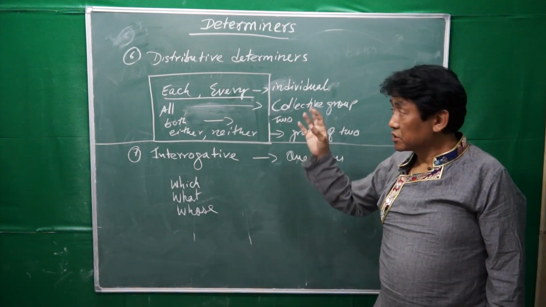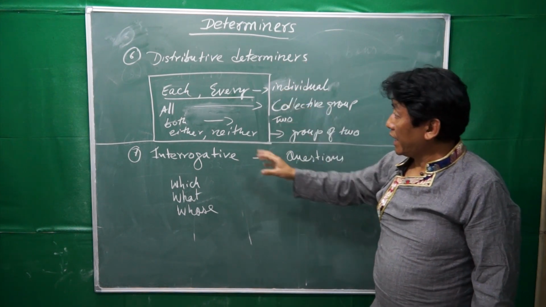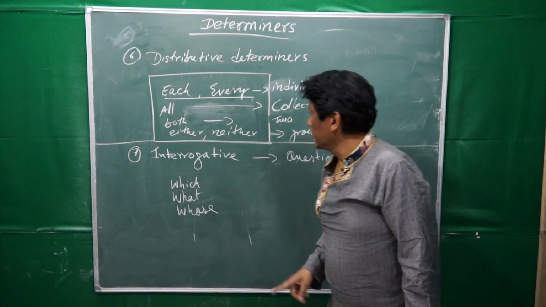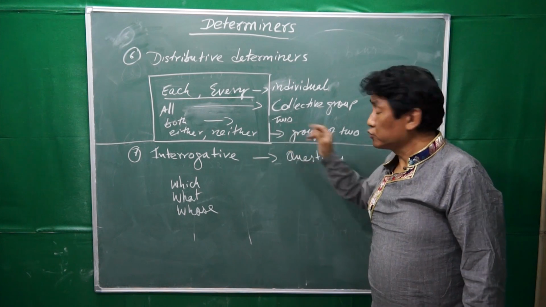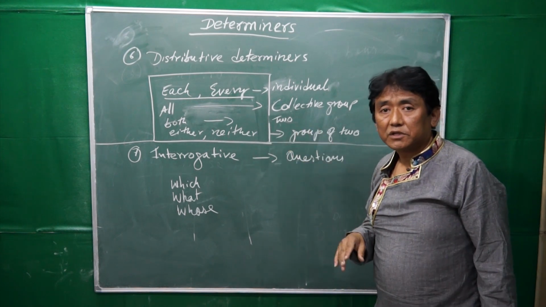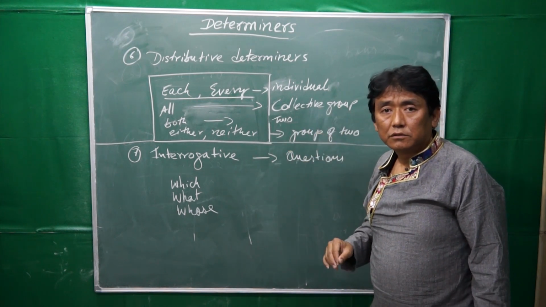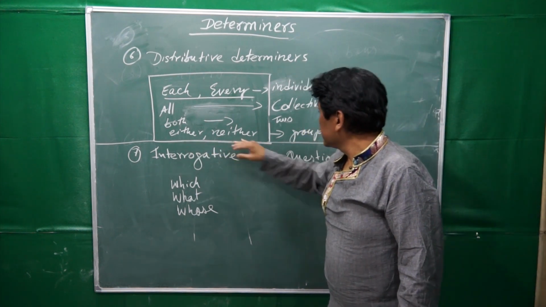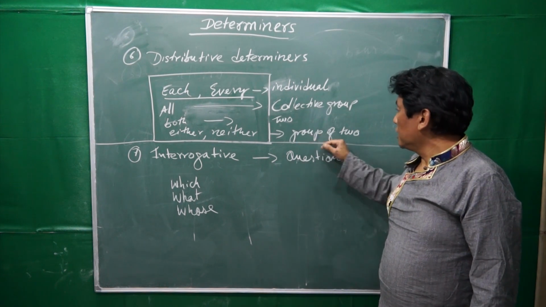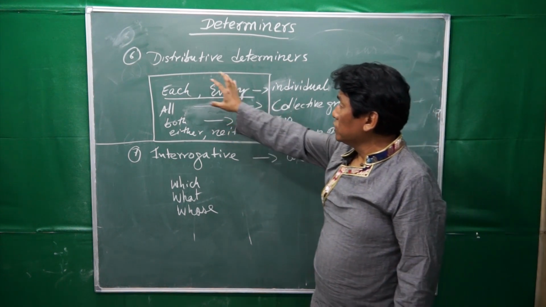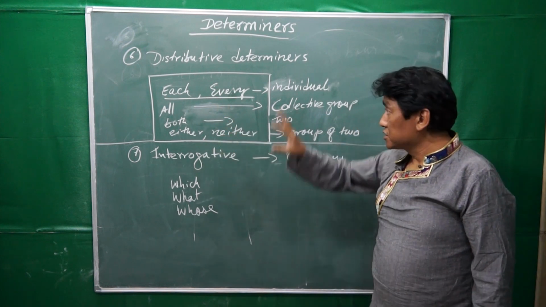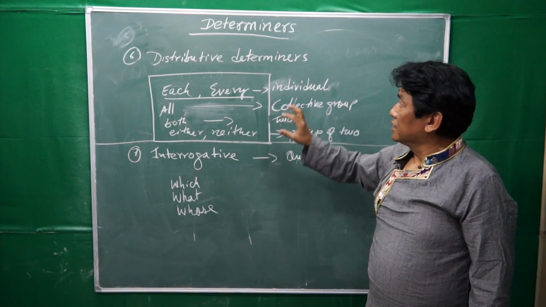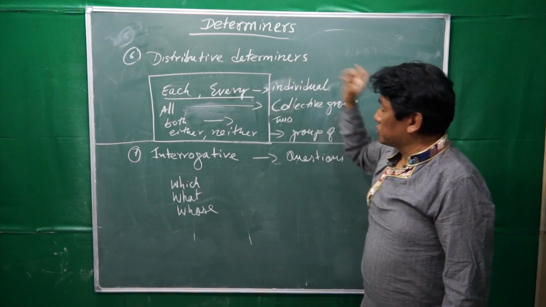That's how we can determine those nouns with the help of these determiners. Now, look at this, both. When you use both, then you need to have two of them, right? Both the boys are going to the school. That is how we use it. And for either and neither also, we need to have a group of two. This is how these determiners determine the noun, and this is what it's all about, distributive determiners.